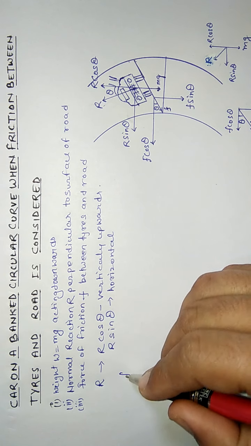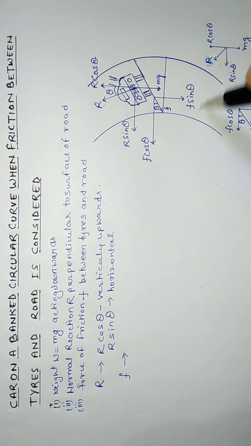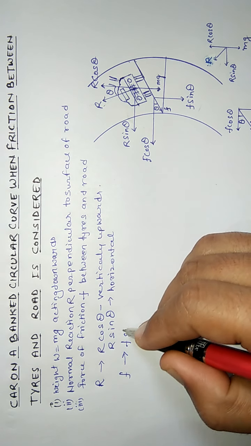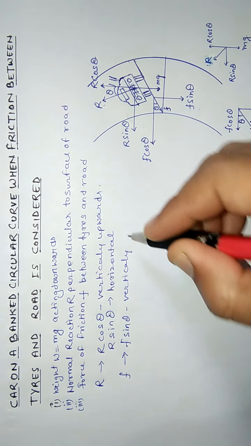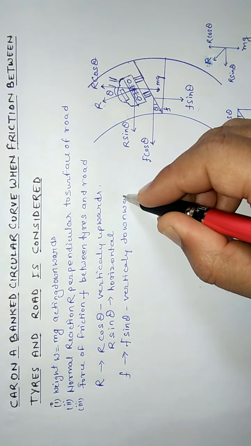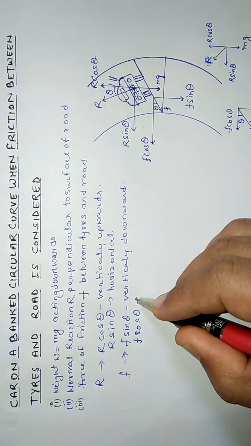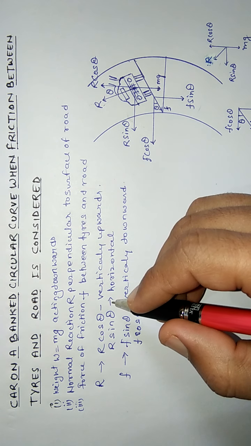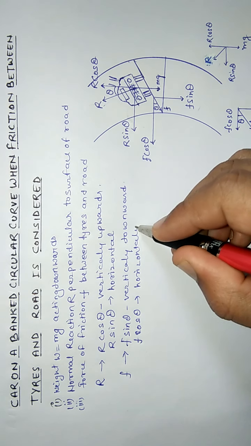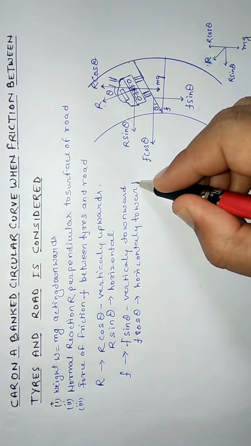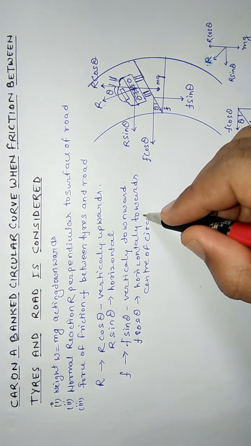Similarly, this F, force of friction, can be resolved into two components, one is F sin theta, which is in the vertically downward direction, and its second component, which is F cos theta, acts horizontally towards the center of the circular path.